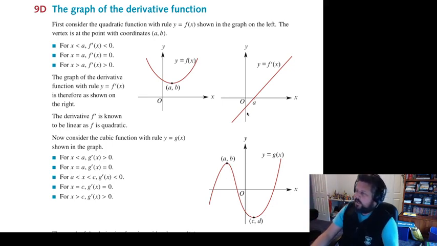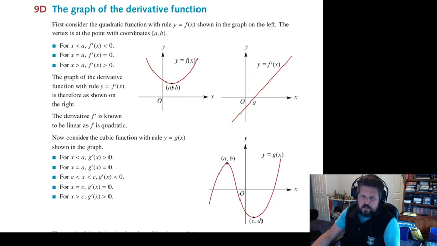Next thing that's important is the turning points or stationary points of inflection that exist on the original function. Where there is a turning point, in the derivative function that becomes the x-intercept, where it crosses over the x-axis.